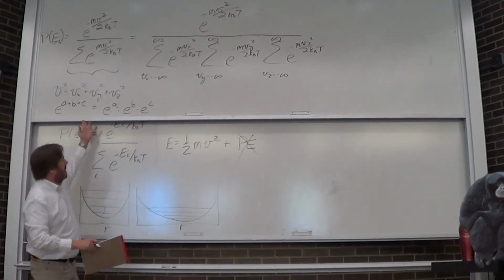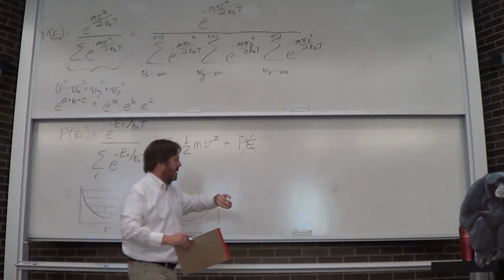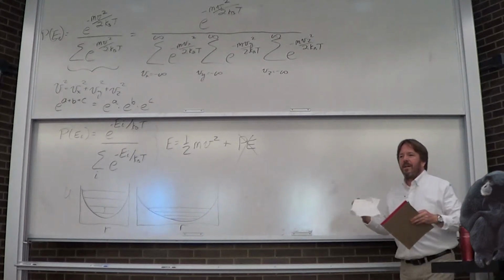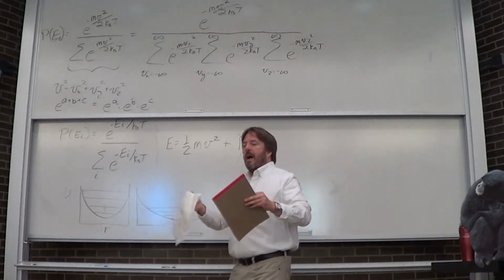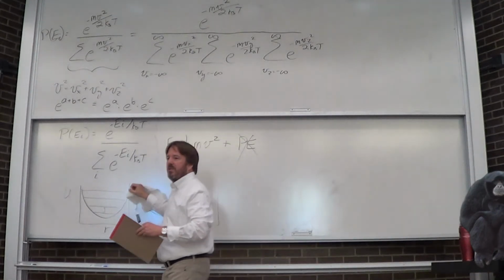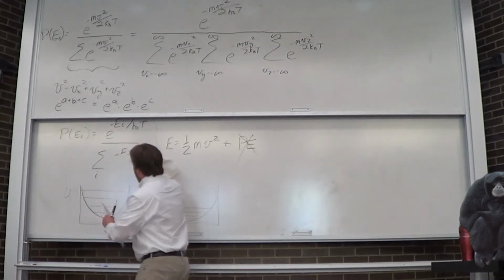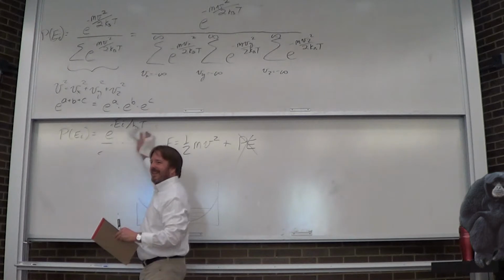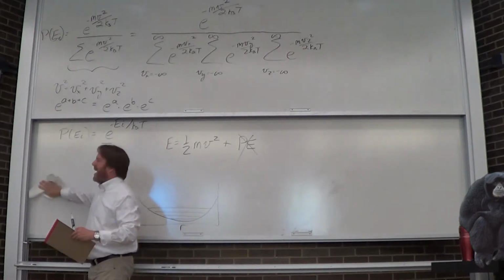Is putting infinity compared to the speed of light the same thing then? I should not be going beyond the speed of light. Yeah, I'm actually going above the speed of light in the summation. Now, just like we were talking about here, e to the minus infinity. Right, so it doesn't matter.